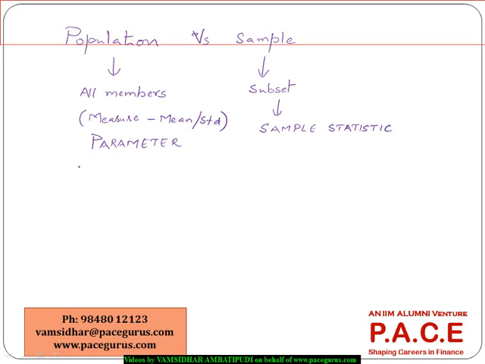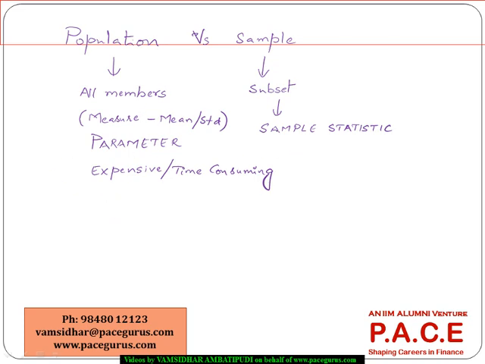Sometimes, though the data is available for the entire population, working on that entire data could be pretty expensive or time consuming. So it is not advised to work on the entire data, even though it is available.